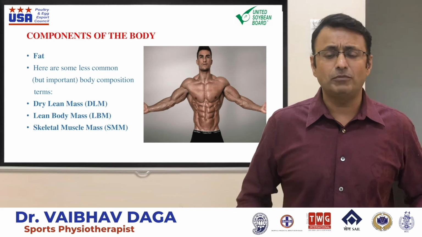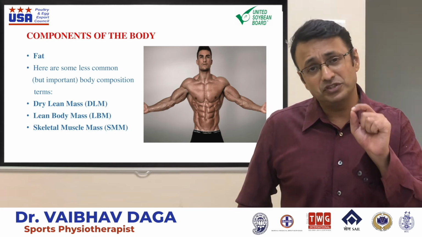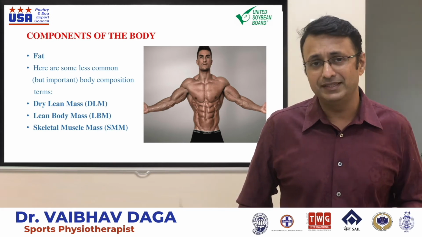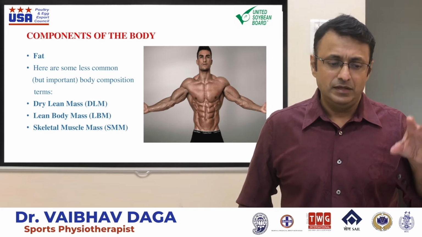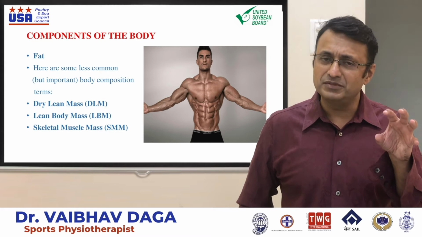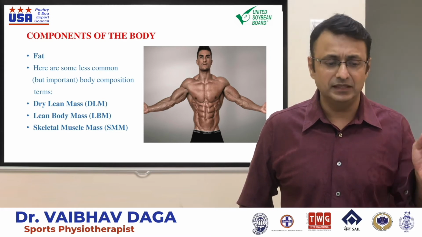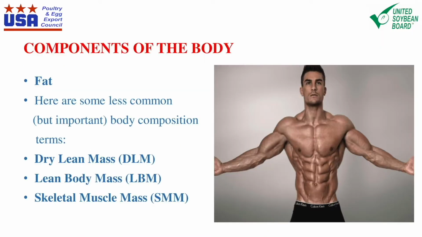there are some less common but most important body composition terms which you should know at the moment about the fat. These composition terms are, as you can see here, dry lean mass. Your dry lean mass is a combination of your weight attributed to protein and the bone mineral in your body.